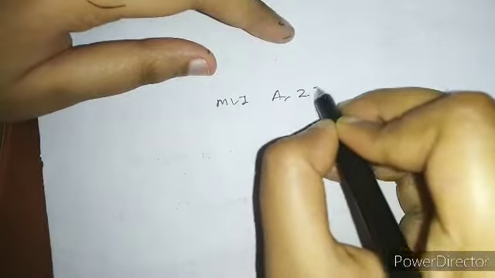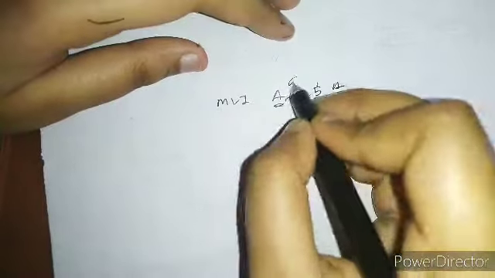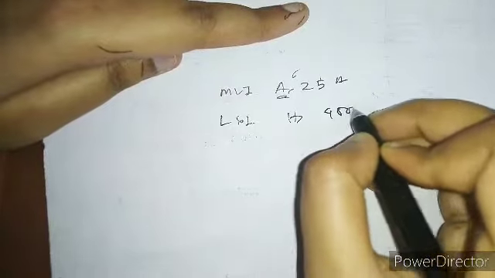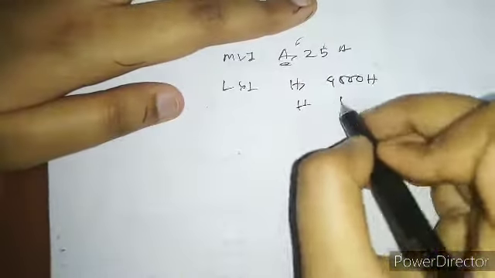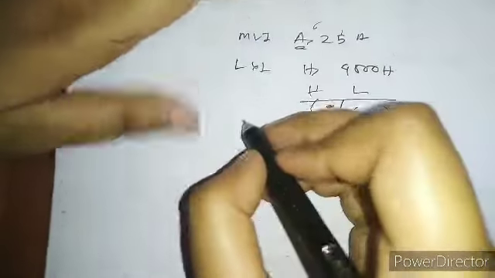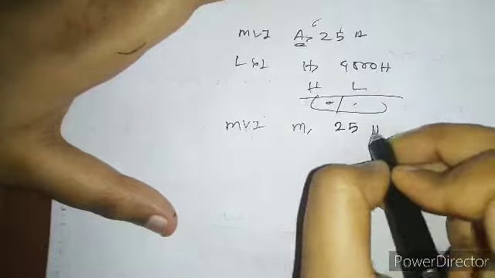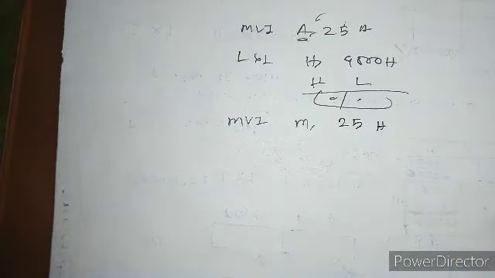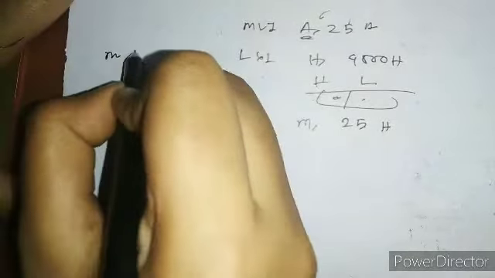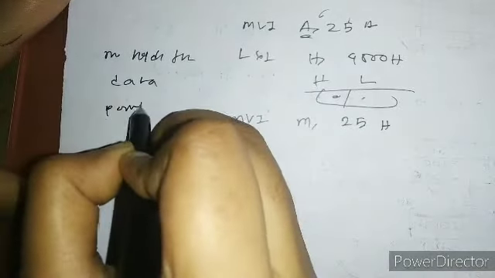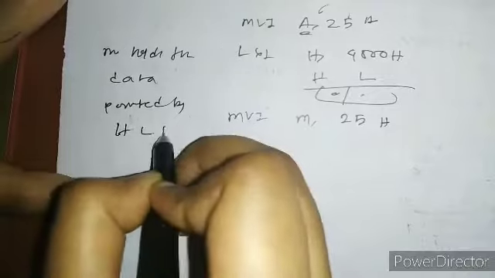MVI A, 25H, A will get the value 25. LXI H, 4000H, HL pair will get the value 4000H. MVI M, 25H, which means M will get the value 25H. What is M? M holds the data pointed to by the HL pair.